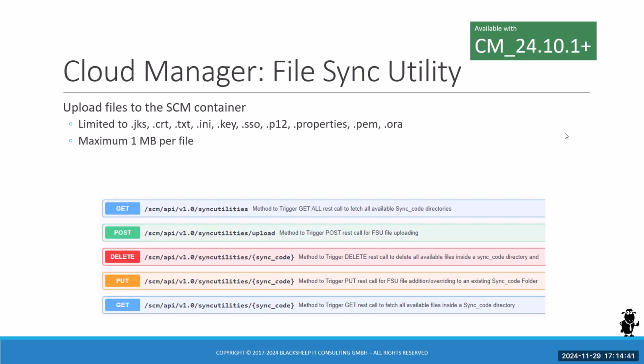So that's very hard. And there's a new utility documented. I haven't tried it. It supposedly synchronizes files between your machine and the Cloud Manager container, files that you need for deployment, for example, wallet files, key stores, properties files, private keys, and so forth.